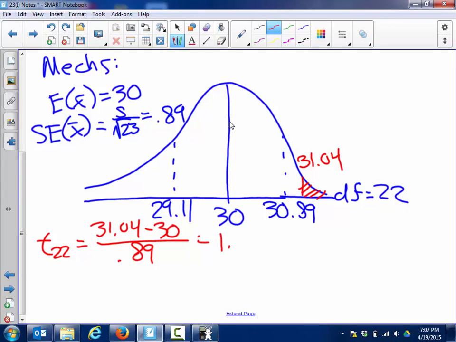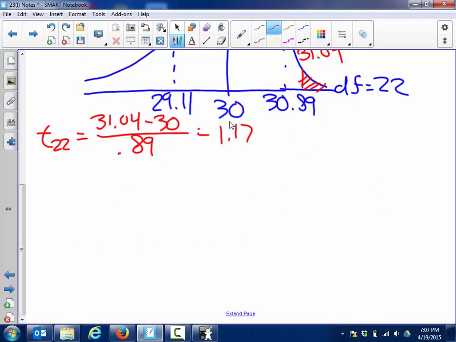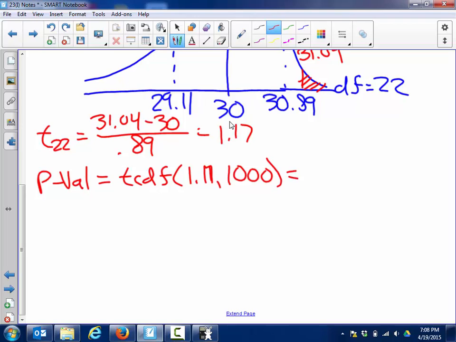So you're at 30.89, excuse me for that, and 29.11. Now you fit your sample mean of 31.04 on the distribution. You ask yourself, what's the probability that your sample mean be that far away from 30 if the alternative is true? So we're going to find this area under the curve.